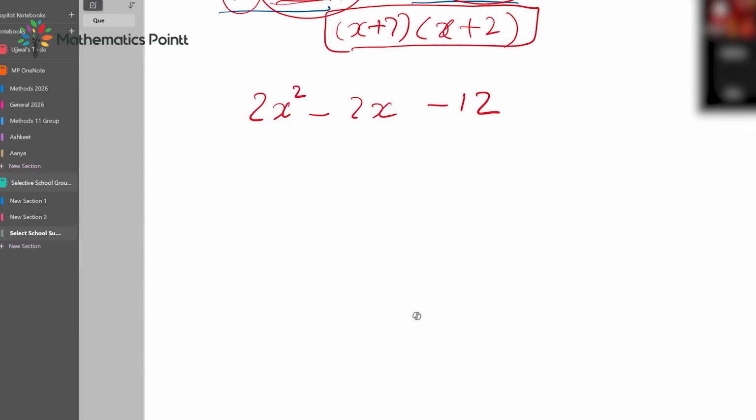All right. Anyone with the right answer yet? Nah, not the right answer. X plus 6, x plus 2. Nah, not the right answer. Type your question, Karan. Nah, no, give me the answer. Nah, incorrect.